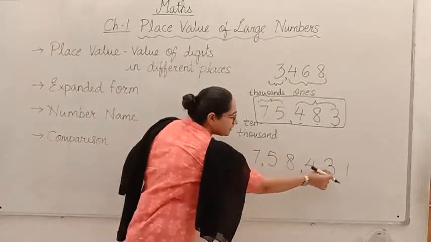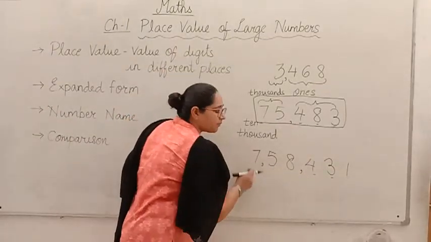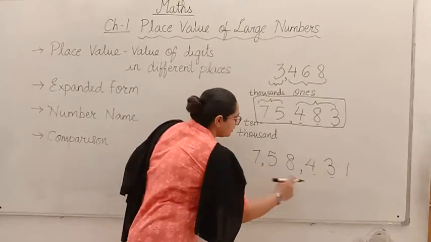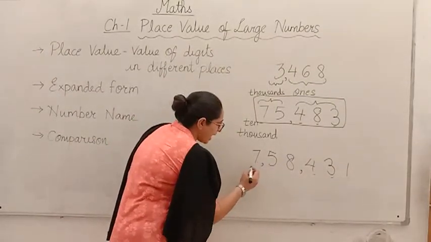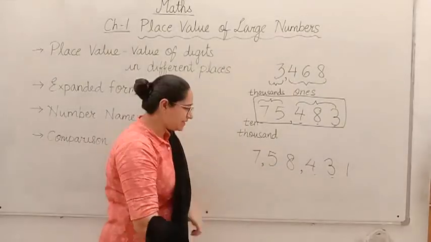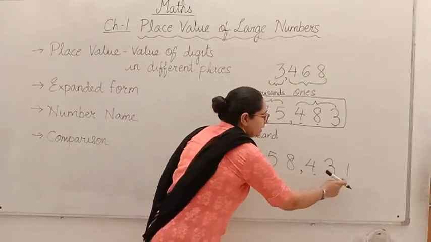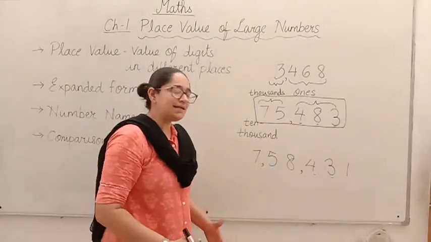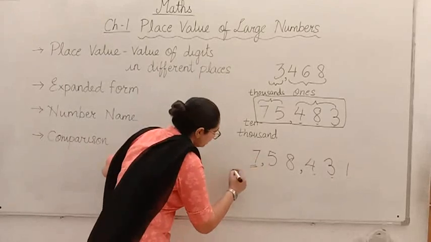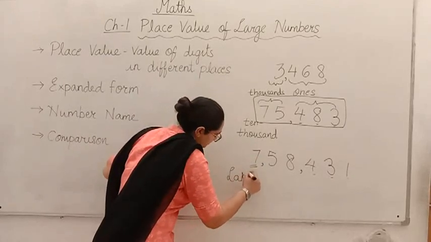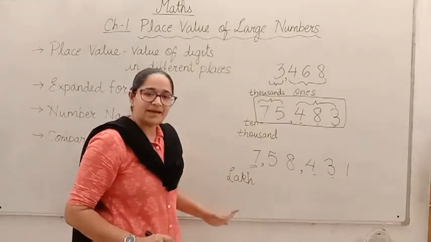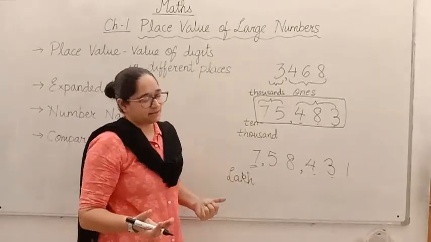So after the first 3, you put a comma after every 2 digits. So here I am having a number which is having 7 in the first group. After that 58. After that 431. So how do I read this number? Which is this group now? This group is lakhs group. Okay. This is your lakh group. So 7 will be read as 7 lakh.